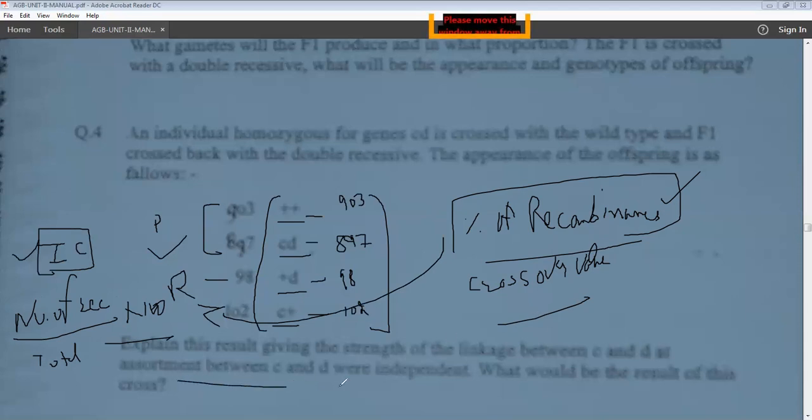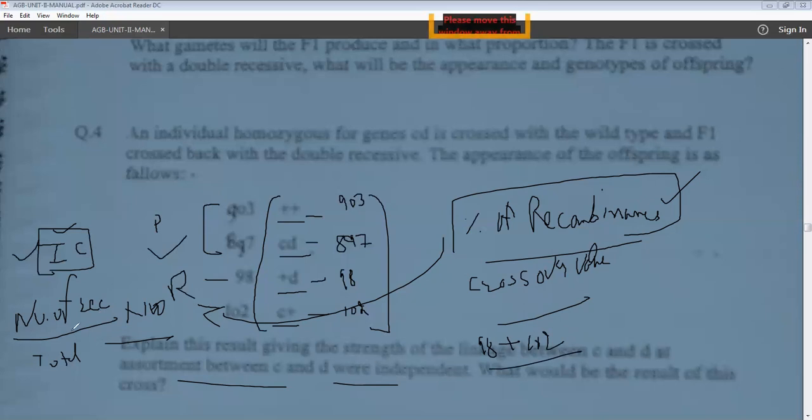What we can get from this table is that this is a kind of incomplete linkage with the percentage of recombination equal to 98 plus 102.